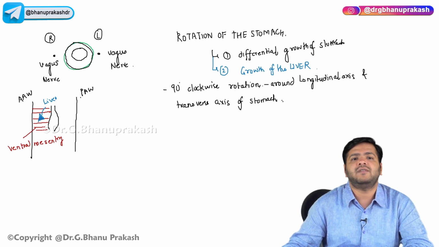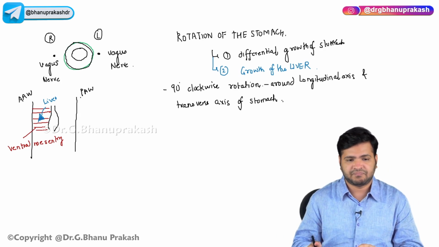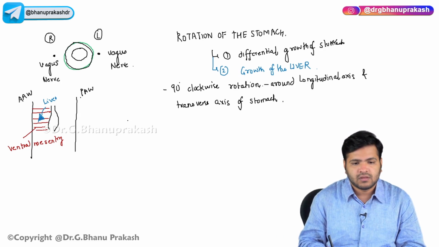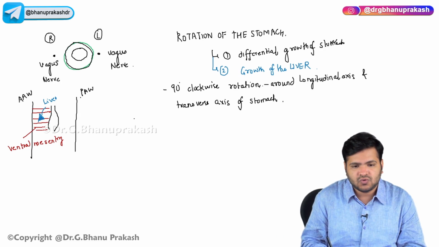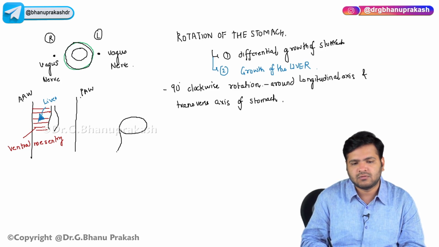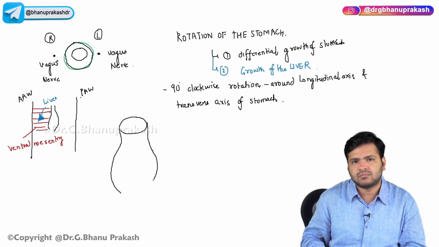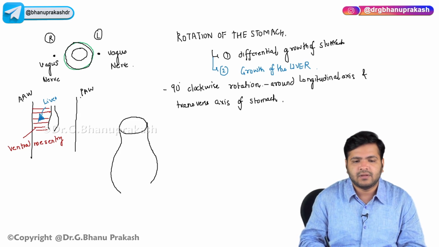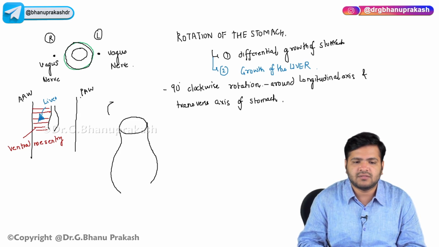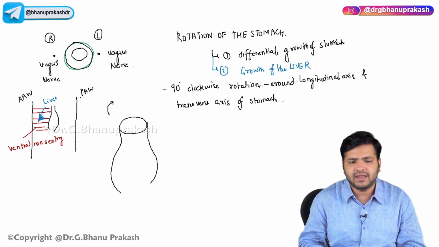So now what will happen? Let us try to show you over here how this rotation will happen. Now what will happen if a 90-degree clockwise rotation is happening? So this will turn like this, right?